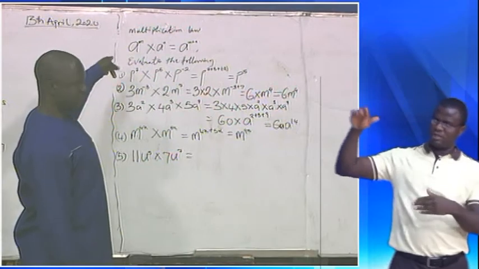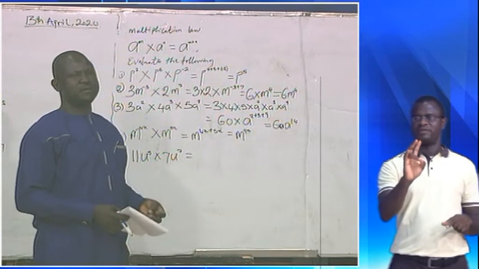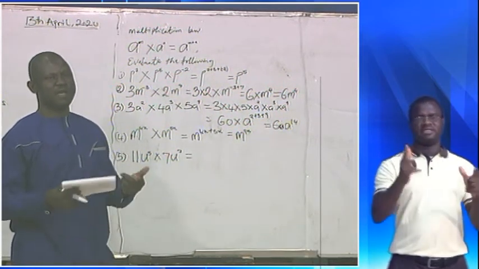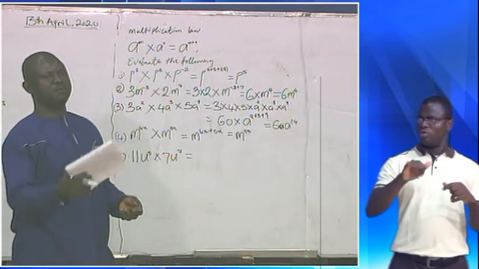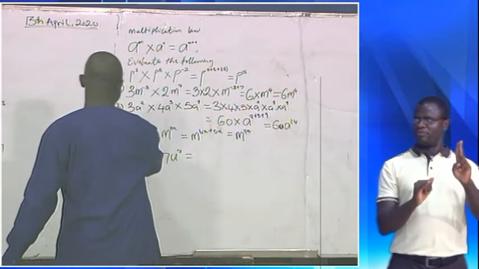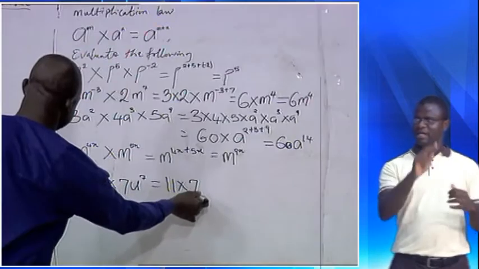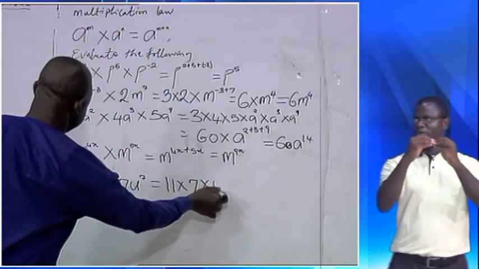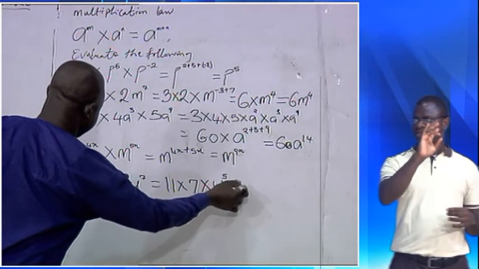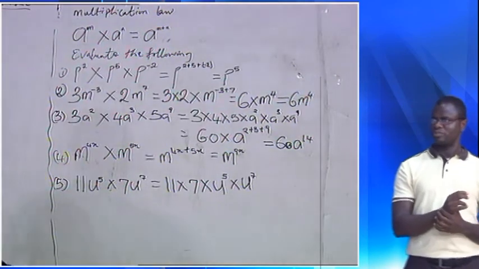Looking at our previous example, if we have a variable attached to a coefficient, we first multiply the coefficients before multiplying with the variable. Here the coefficients are 11 multiplied by 7. Then we multiply by u raised to power of 5, then multiply by the next u, which is raised to the power of 7.